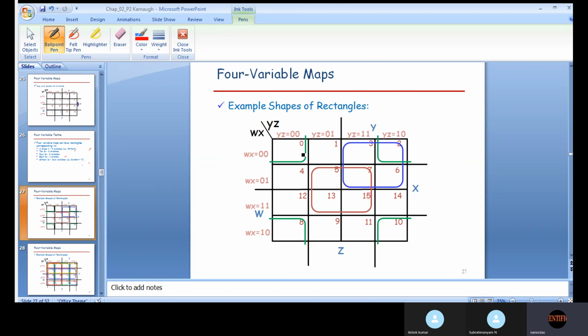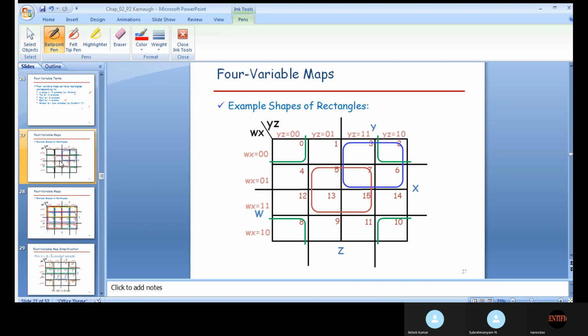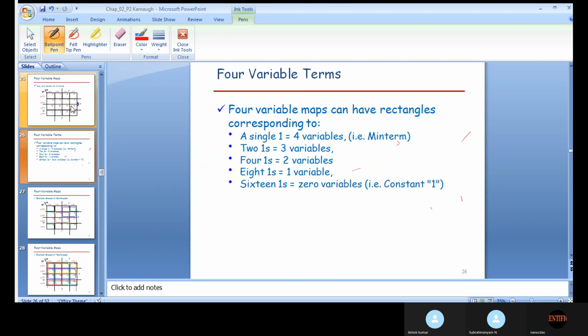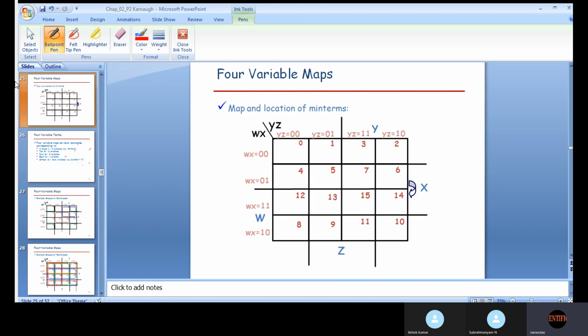Here wx and yz: 0 0 is indicating y bar z bar, this is y bar z, this is yz, and here it is yz bar.